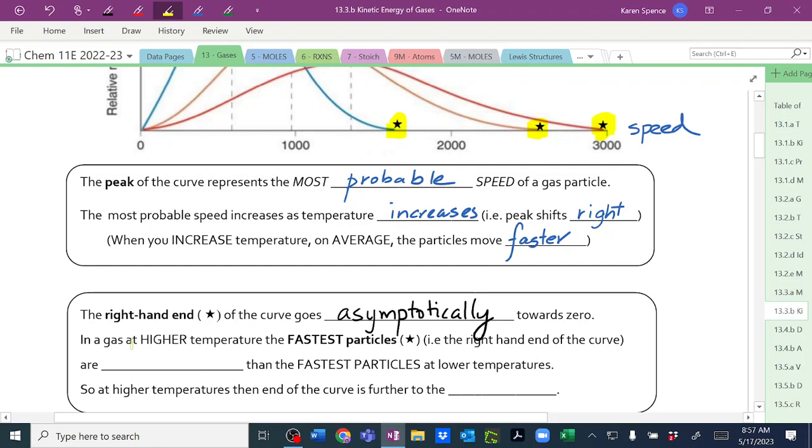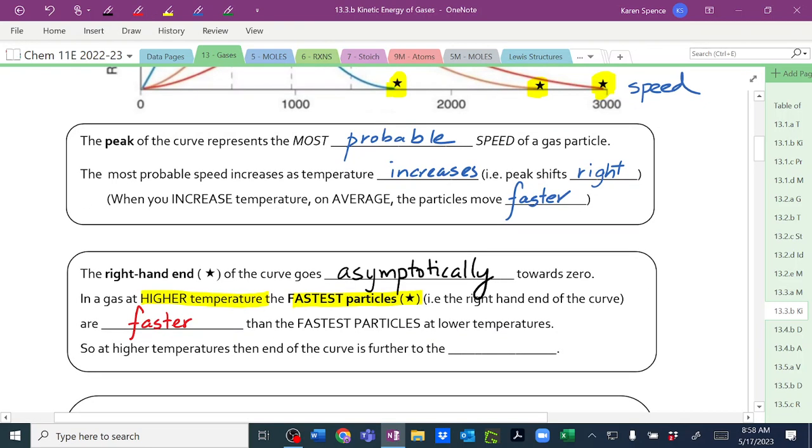In gases at a higher temperature, the fastest particles represented by the star are faster than the fastest particles at the lower temperature. That makes sense, yes? Okay, so at the higher temperature, the end of the curve is further to the right.